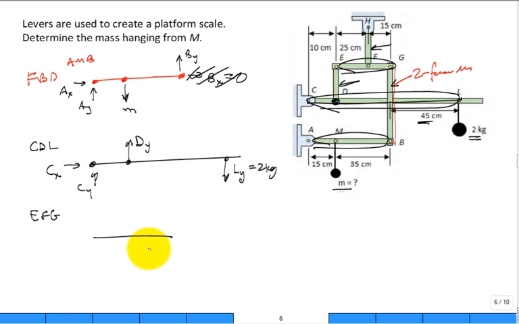Here's EFG. So if I have D sub Y up, I've assumed that's in tension. Maybe I'll put this one down and I'll call it D sub Y so they're consistent. This is the same magnitude. This is pulling down at E, pulling up at D. It's in tension, that member. All right.